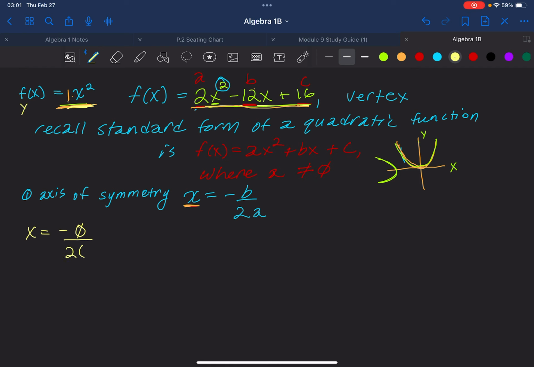My a term is 1. So I'm going to put 1. Well, 0 divided by anything is just 0. So my axis of symmetry in this case, and that means what line is going to go across the x-axis that splits my graph in half, is going to be 0.